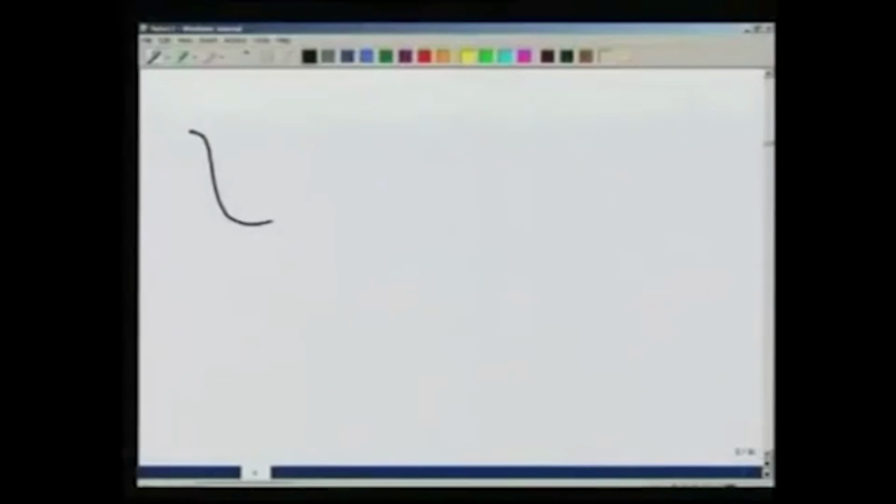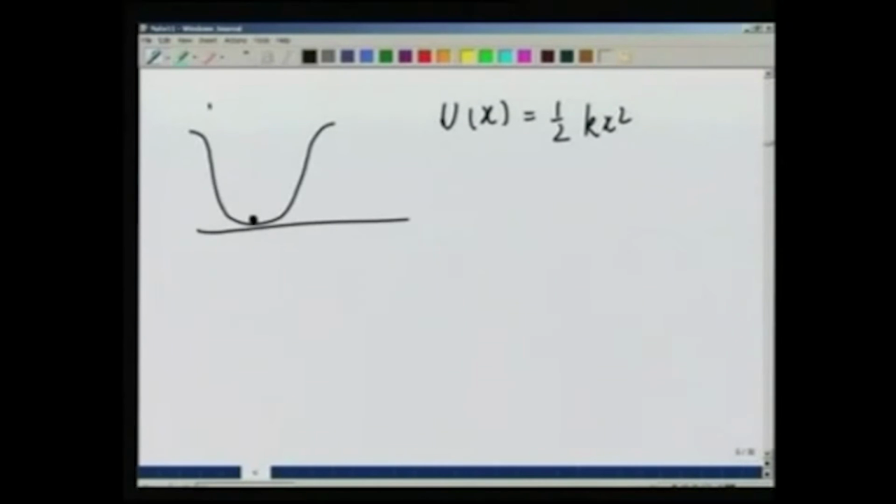For example, I talked about a particle at the bottom of a cup. A cup could be of this shape and the particle could be sitting here. It could have a very different functional dependence on x, but when I approximate this potential energy for small motion as 1/2 kx squared, what I am doing is approximating the potential energy by this parabola.